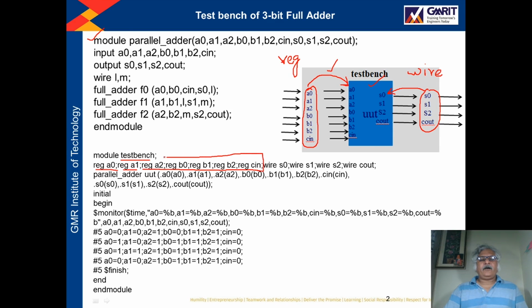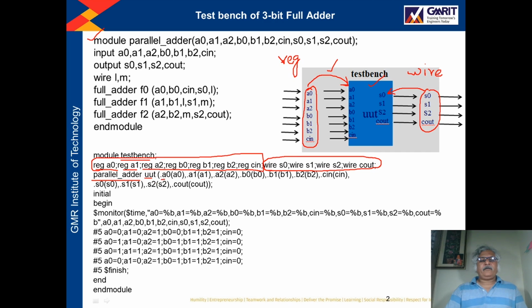These are the ports of the test bench which are connected to the input ports of the unit under test, and wire S0, wire S1, wire S2, wire Cout are the ports of the test bench which are connected to the output ports of the unit under test.